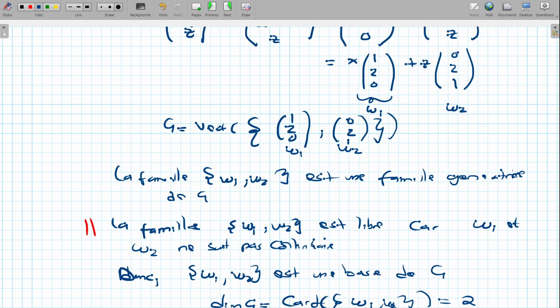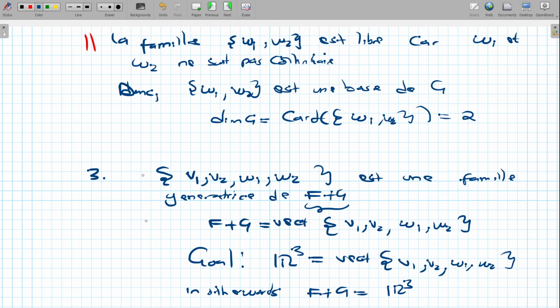Let me first of all repeat what I've said here. The question is talking about the union of the basis of F and the basis of G. Normalement, if you take the union of the two bases that we found for F and G, you get une famille génératrice of the sum of the two vector spaces, which is F plus G. That's la règle générale.